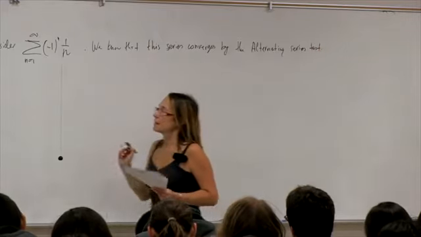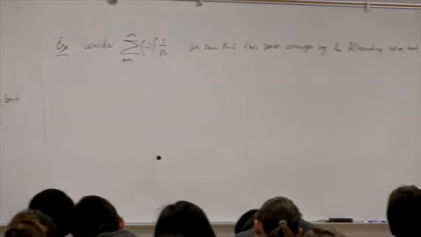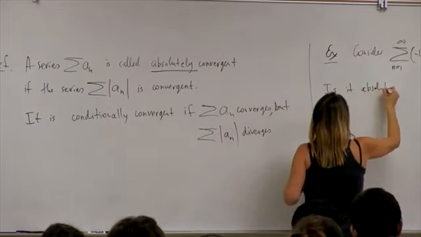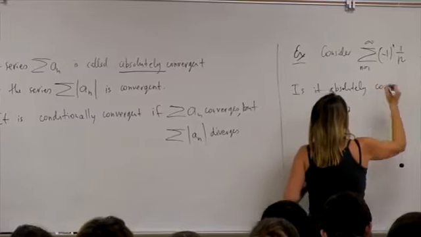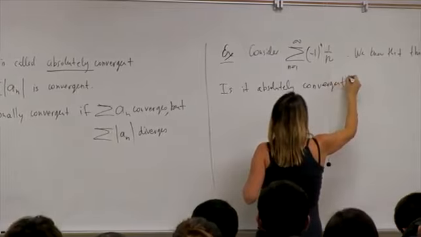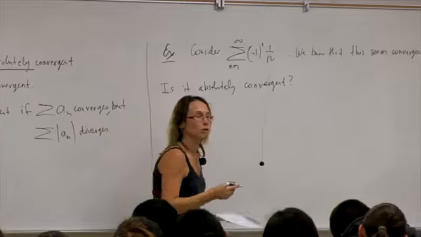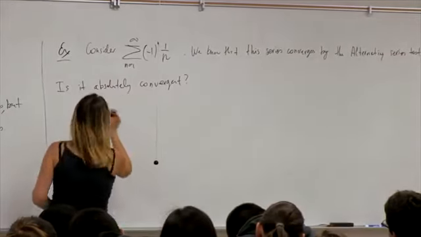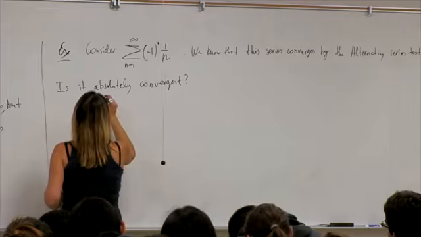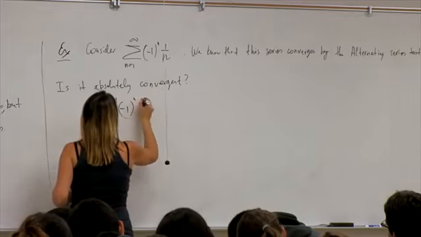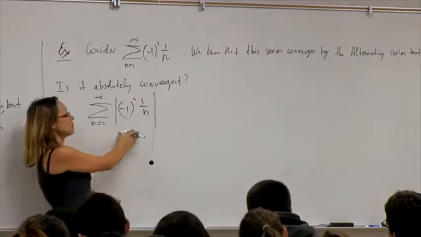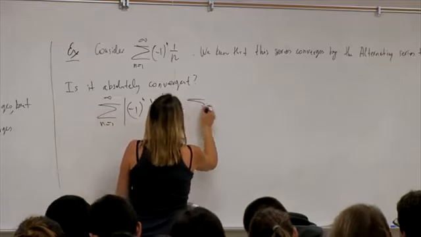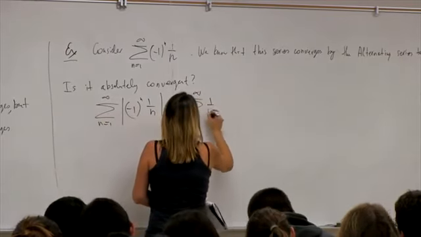So the question is, is it absolutely convergent? To answer this question, we have to put an absolute value for each term a_n. So we consider this. Whenever we have the absolute value sign, we can ignore (-1)^n. So this is the same as 1 over n.